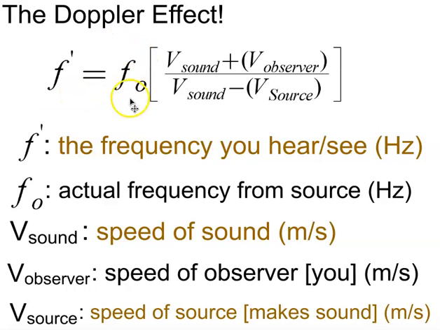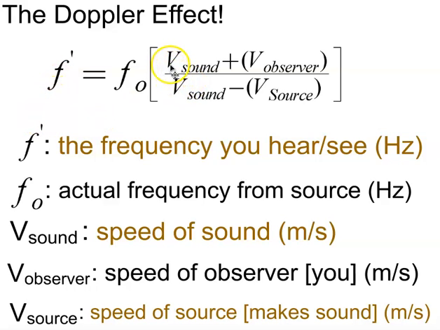This frequency with the little 0 is the actual frequency given off by the source. So if nothing is moving, then the frequency you hear is the frequency given off by the source. Because if this is 0 and this is 0, if nothing is moving, then the speed of sound divided by itself would be 1, which would leave you with frequency equals frequency.